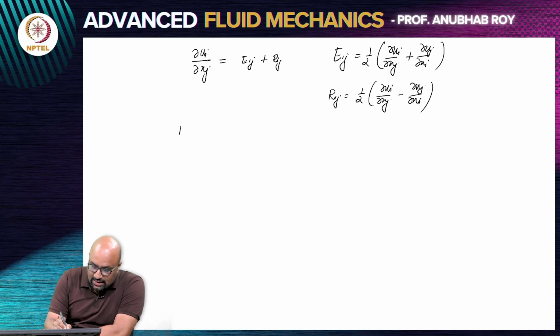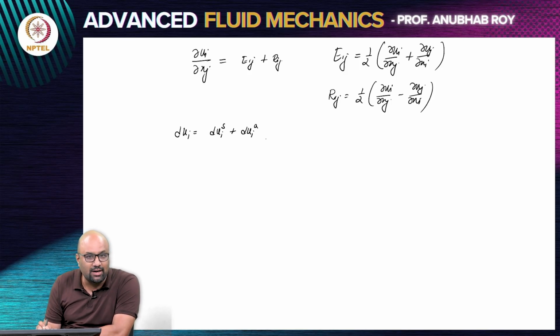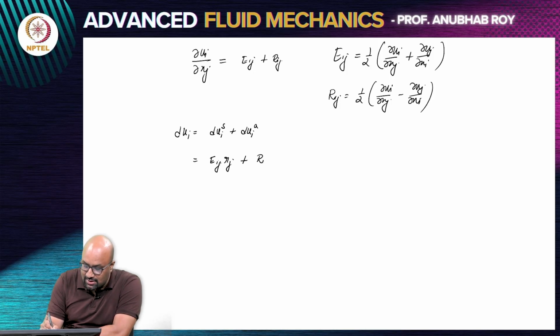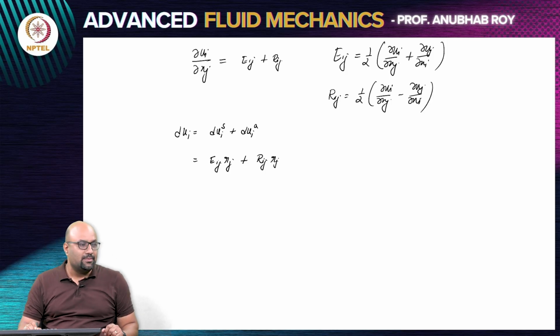Which means that the velocity change that we observed can be split in terms of a symmetric contribution and an antisymmetric contribution, where the symmetric contribution is E_ij dx_j and the antisymmetric contribution is R_ij dx_j.